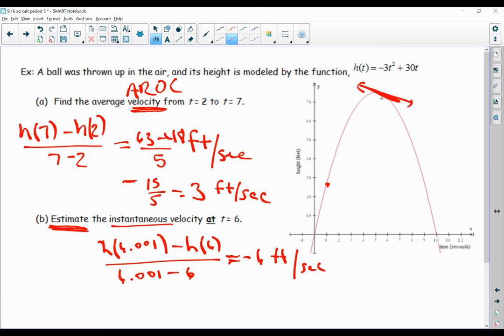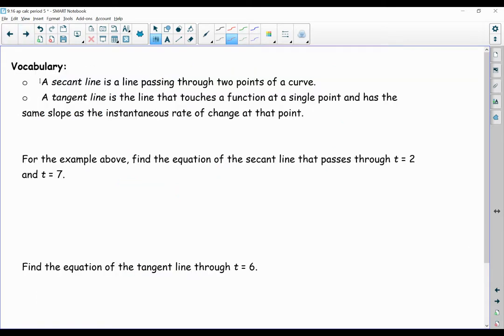So if I look at this line that touches a function at a single point and has the same slope, like the slope of this line is negative 6, that is what we call a tangent line. So some vocabulary for you. A secant line is a line passing through 2 points on a curve. It uses an AROC. The tangent line is a line that touches the function at a single point and has the same slope as the IROC at that point.